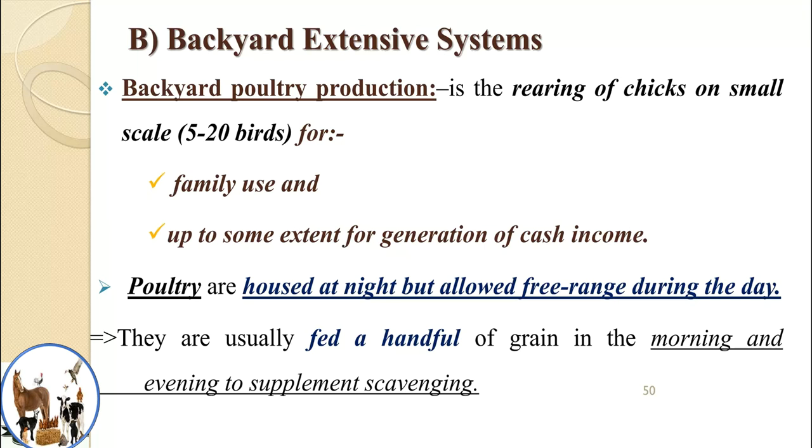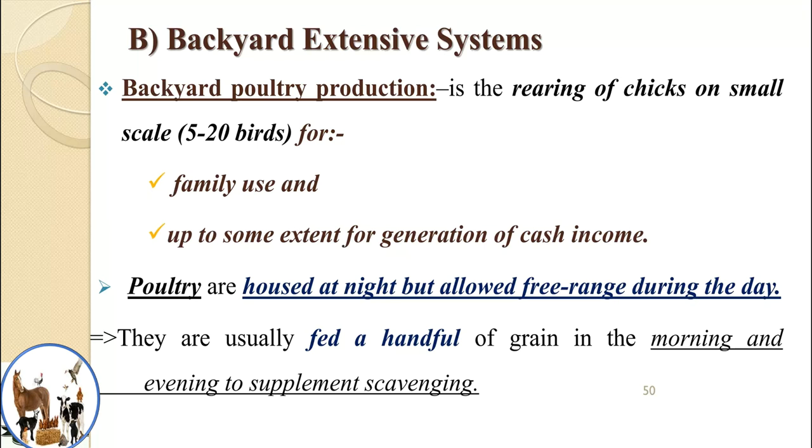The backyard extensive type of poultry system is rearing chicks on a small scale, a very small number like 5 to 20 birds, for own house use, just for family use only, not for commercial use. To some extent, a little cash is generated by selling the eggs or chickens. The poultry are housed at night but allowed free range during the daytime.